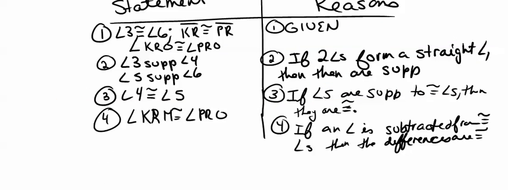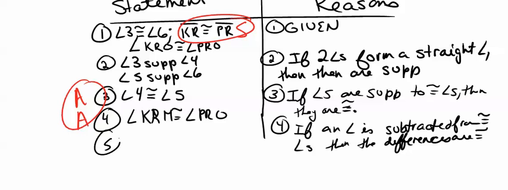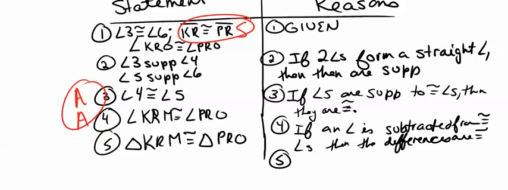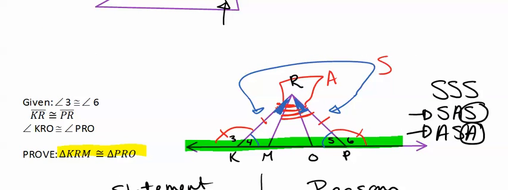Now, since we've supported two angles and a side, we can go right to the proof that triangle KRM is congruent to triangle PRO using the angle side angle postulate. Again, make sure that your angle sandwich in the sides that you're using.